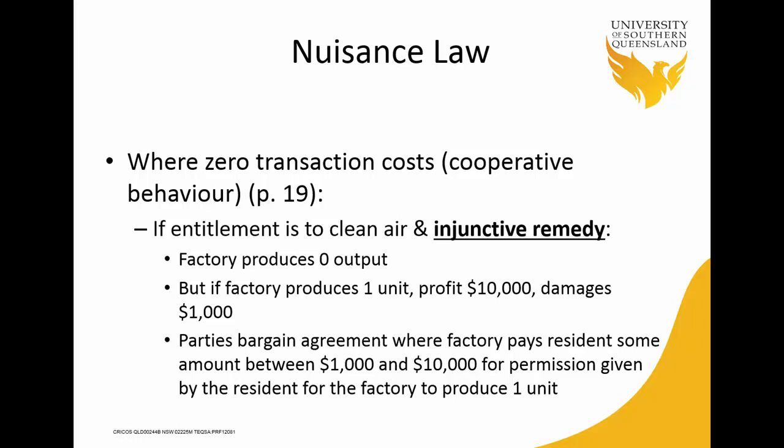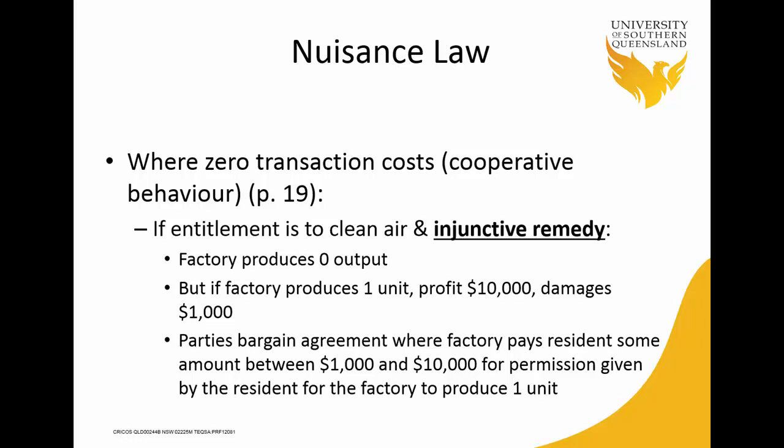And by doing so, the resident would give permission to the factory to produce at 1 unit. So the initial condition or the starting point is that there's an entitlement to clean air, and if the factory tries to produce anything above that without agreement by the resident, then the factory will be hit with an injunction, which means that they have to stop their production and stay at 0 output.